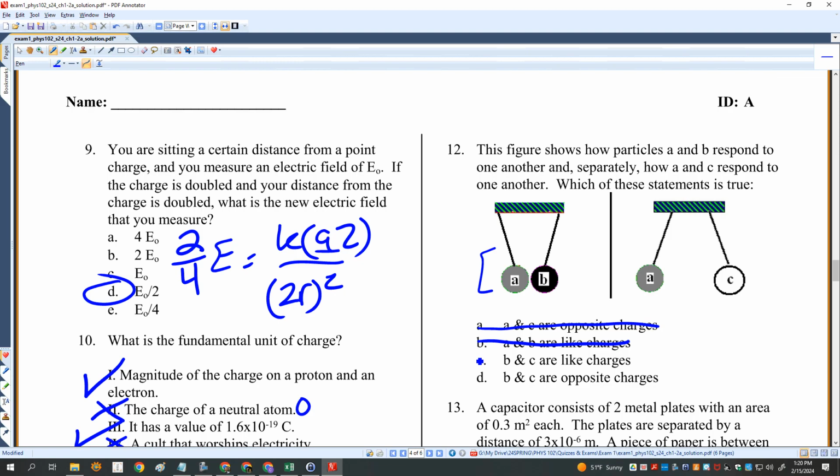So I always like to just imagine, what if this one's positive? If that one's positive, that means that one has to be negative. And if that one's positive, that means this one has to also be positive. Or you could have chosen the opposite of A being negative and you would get the same answer. But that tells you that B and C are opposite charges, because it's negative here and positive here, so they're opposite.